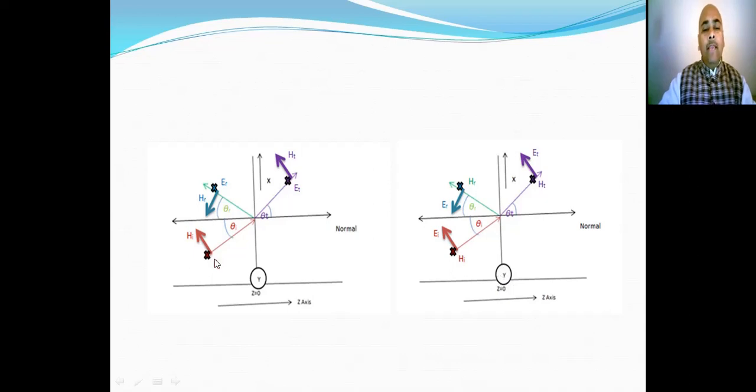Now, for a perpendicular polarized wave, definitely H will lie in the plane of the paper, that is in the plane of x and z. Further, the magnetic field Hi can be divided into two parts.